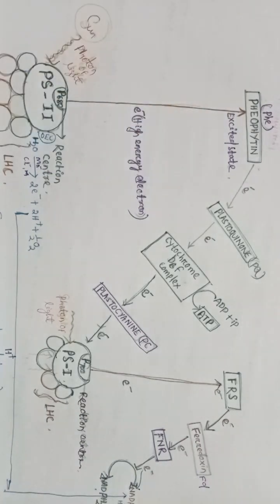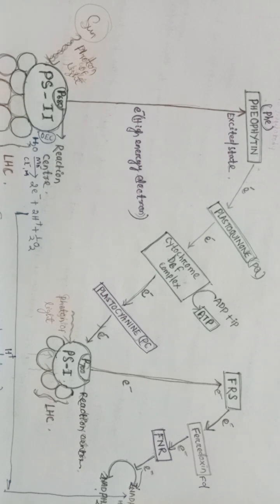During the non-cyclic photophosphorylation, three things are produced, that is ATP, NADPH2, and oxygen is also liberated.